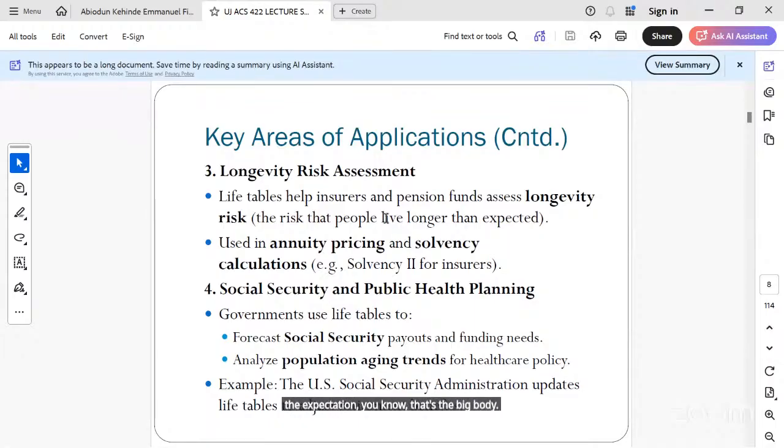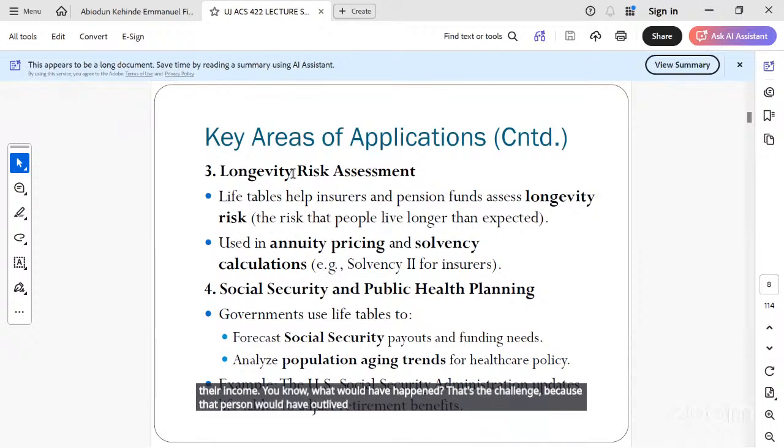So who takes care of that? If we don't have a responsive government that is making provisions for retirees that have outlived their incomes, what would have happened? So that's the challenge, because that person would have outlived his savings.